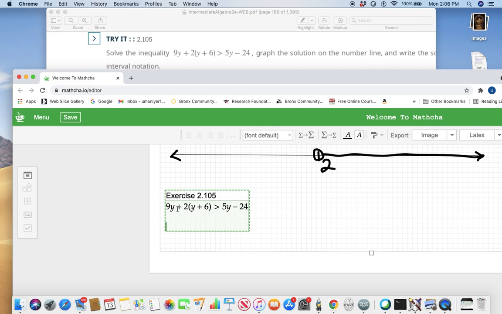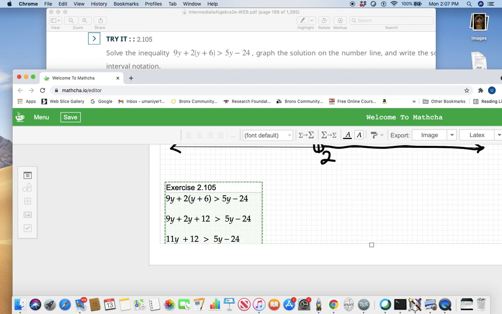Simplify the left, simplify the right. The left, I can distribute the 2. 9y plus 2y plus 12 greater than 5y minus 24. 9y plus 2y is 11y plus 12 is greater than 5y minus 24.